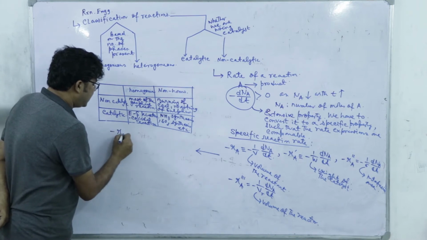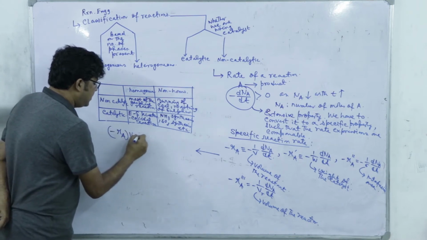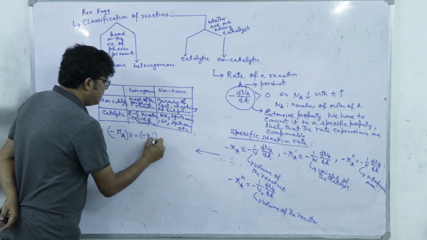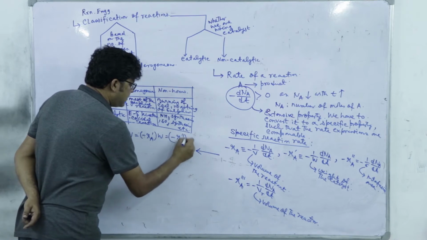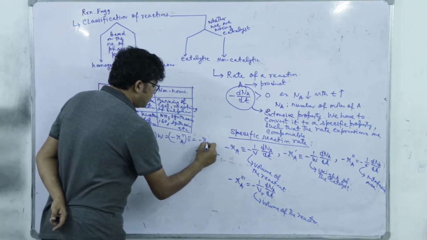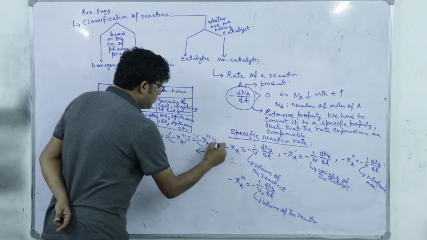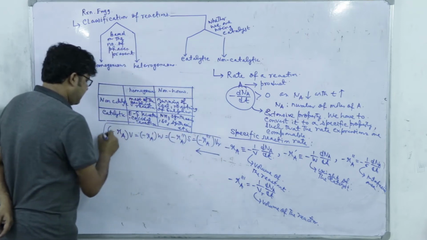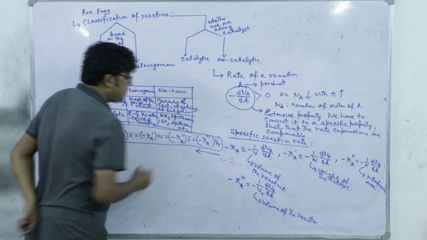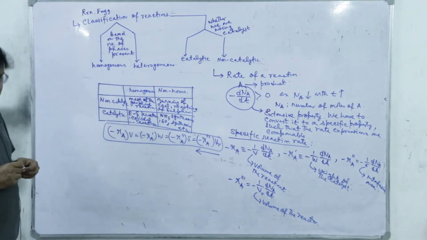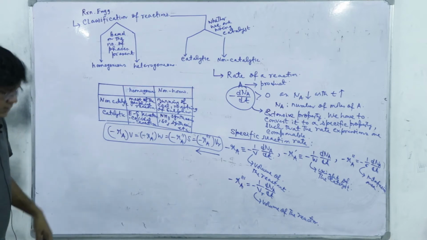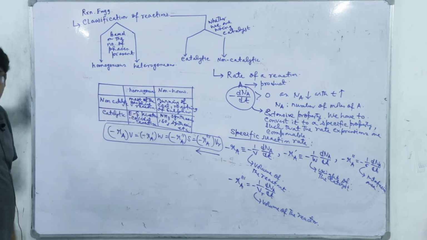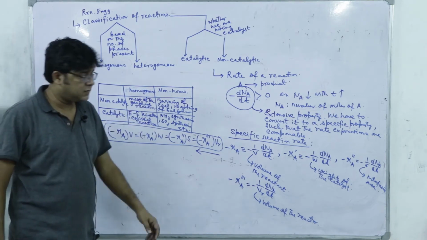So, it is obvious that minus of RA into V, minus of RA prime into W, minus of RA double prime into S, and minus of RA triple prime into VR. So, by this we can compare and can write this relationship between minus RA double prime, minus RA prime and different other rate expressions.